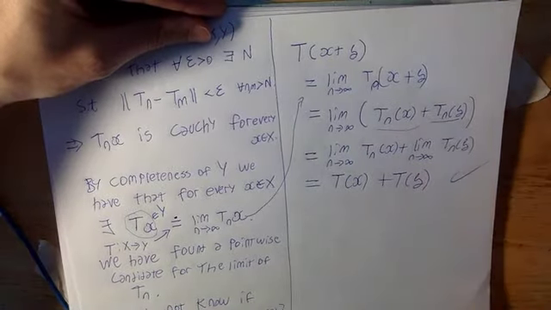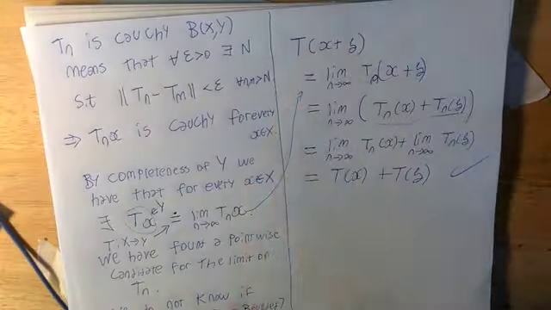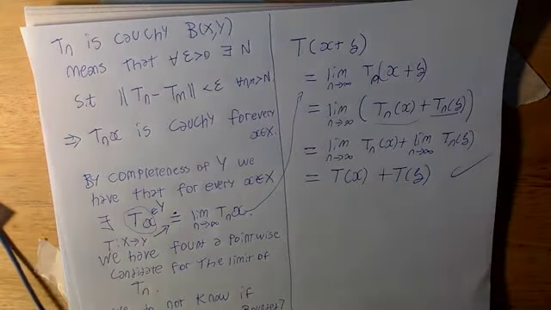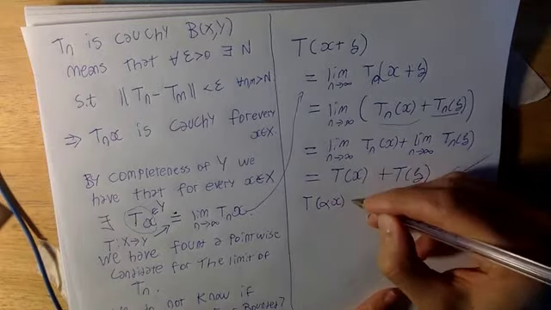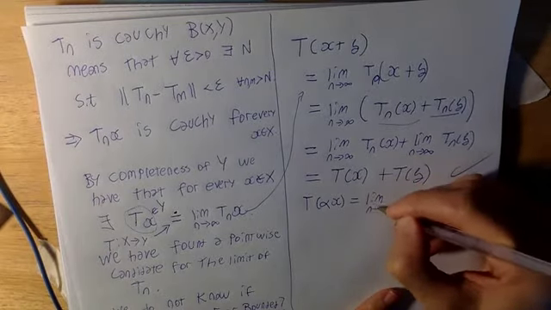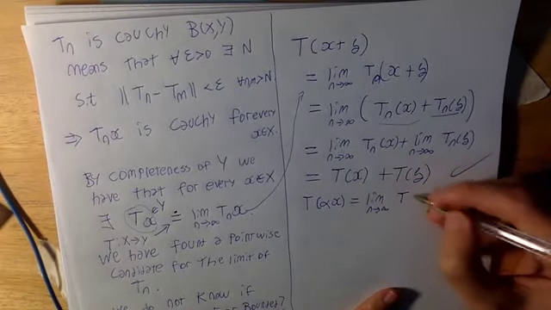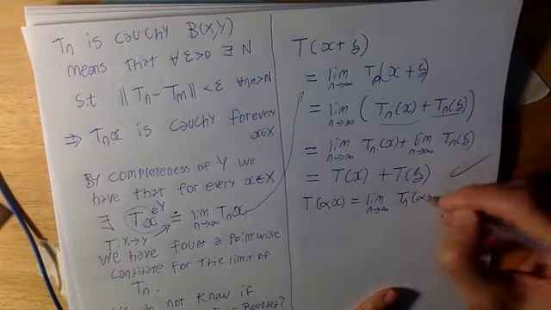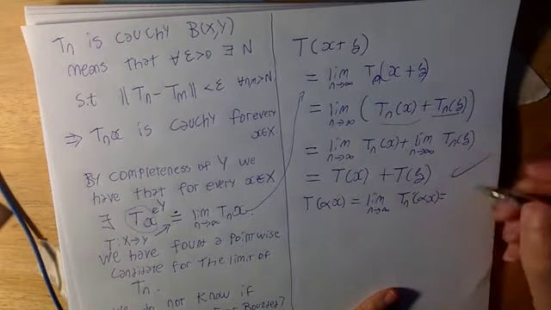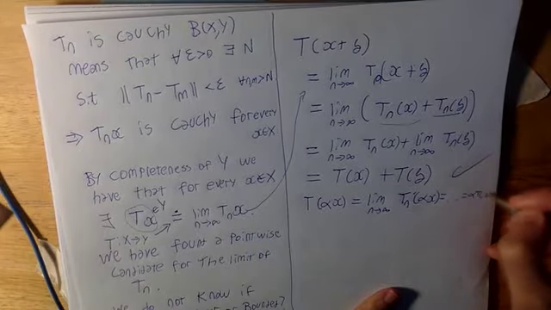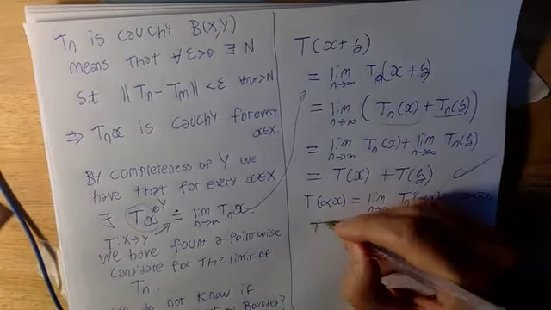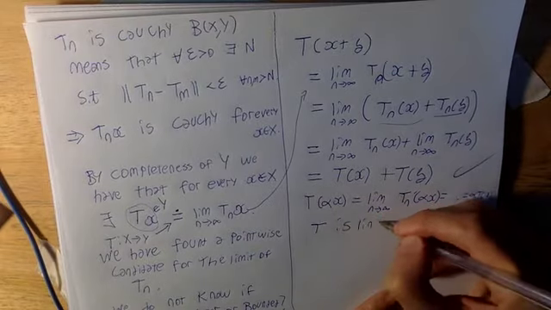So this checks the linearity for T of x plus y. Similarly, T of alpha x is equal to the limit when n goes to infinity of Tn of alpha x, and you do the same computations as we've done here, and we get that this is alpha T of x. So then T is linear.